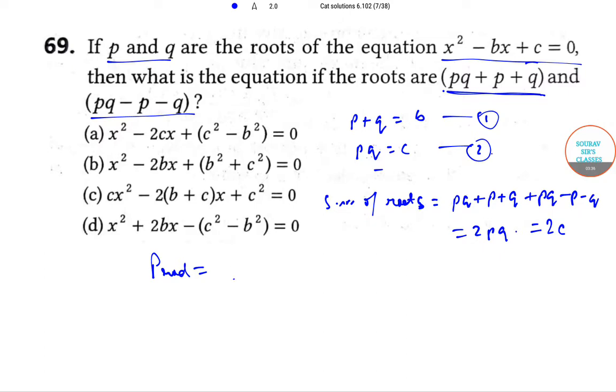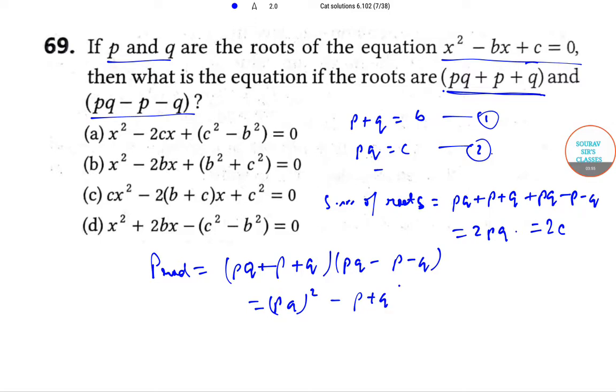And product of roots is equal to pq plus p plus q into pq minus p minus q, which is equal to pq squared minus p plus q whole squared.